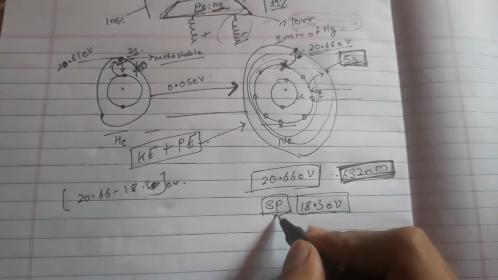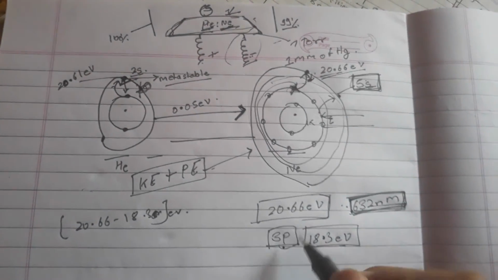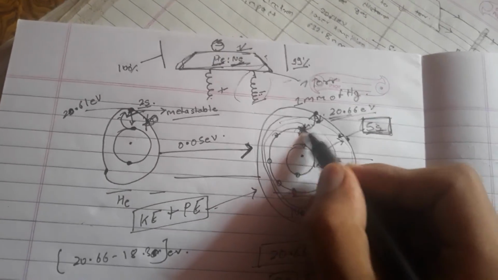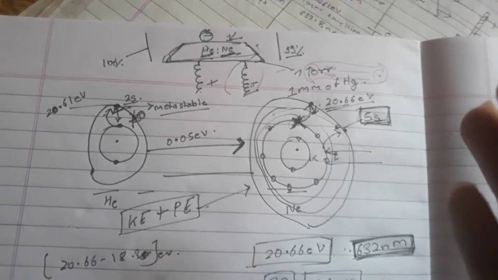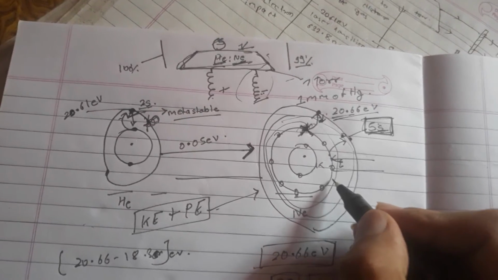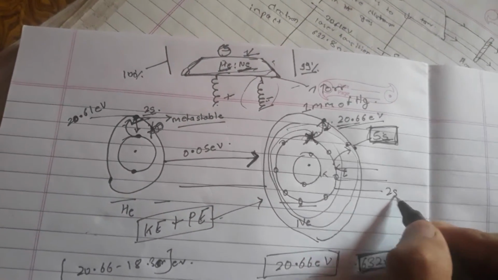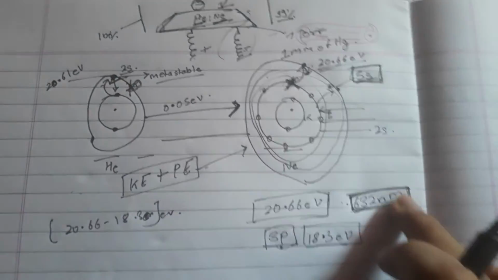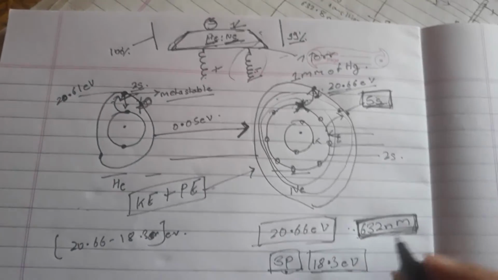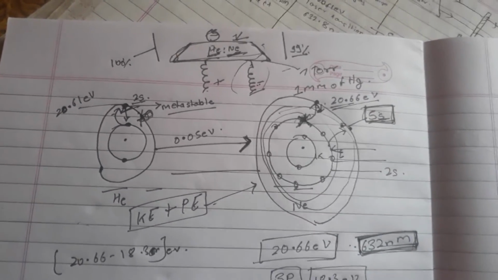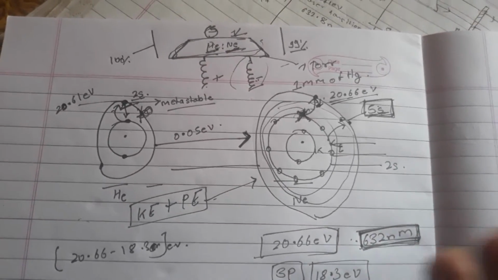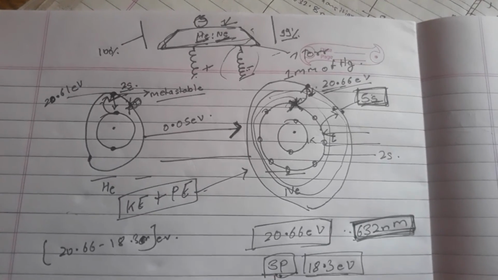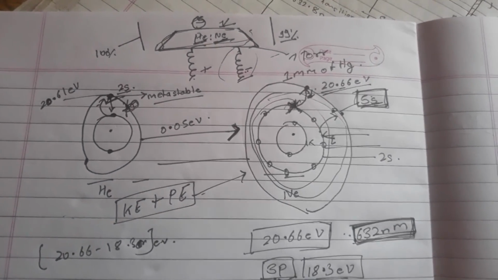Now this is still not stable, because this electron has to go to the vacant place where its own original place was. This place is 2s, because of the electronic configuration of neon, you can just Google it. Now this will go through disintegration even more to the 3s orbital.